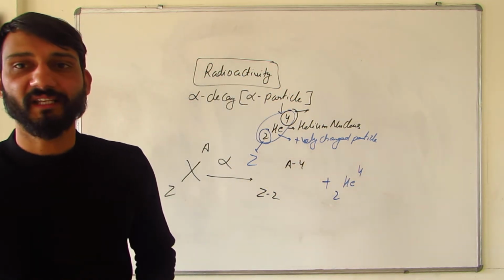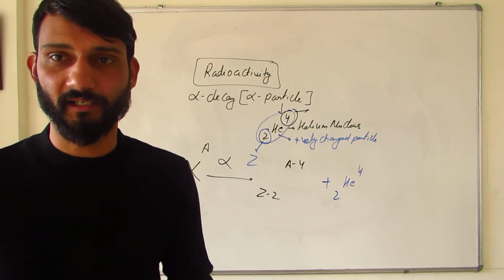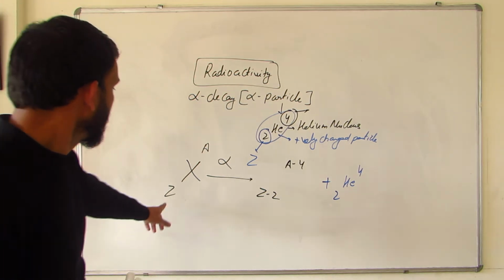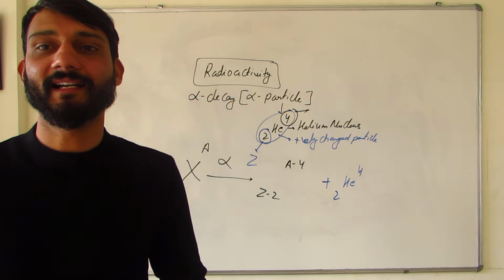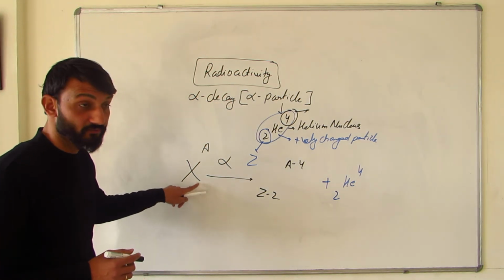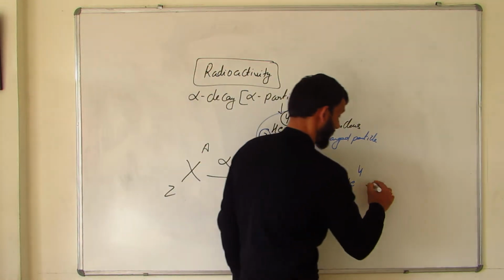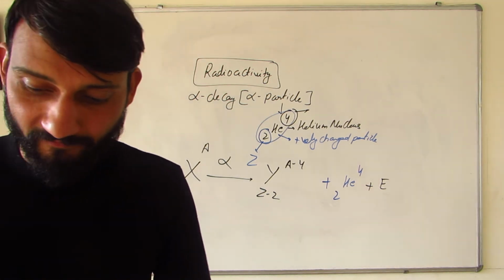Now remember one thing, this atomic number Z is the identification of the particle. If this changes, the atom will change. So here the nucleus was X, and here it will be Y, and some amount of energy will come out. This is what we call alpha decay.